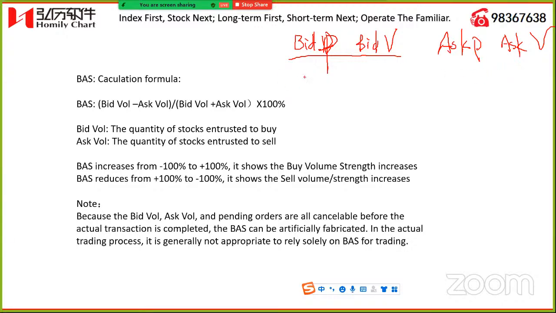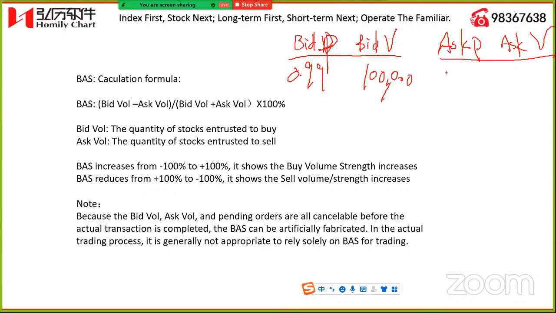So, for example, the bid price is 0.99, and the bid volume is 100,000 shares waiting to be filled. So they are waiting to buy at $0.99 for 100,000 shares.